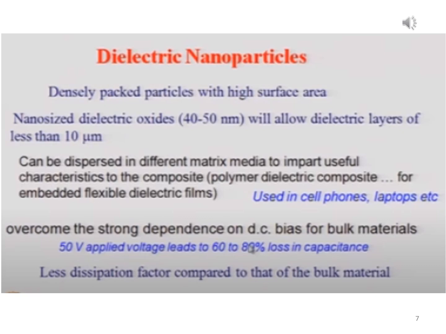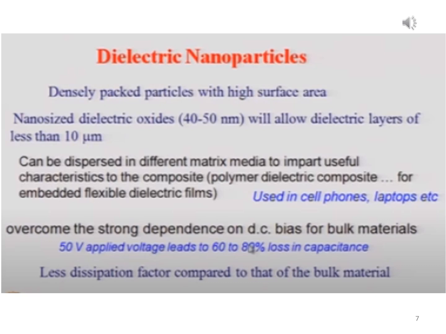So we can say that if we reduce the size of dielectric materials, we can prepare smart, small size devices with enhanced properties. The other thing is that we can prepare flexible materials if we embed them with flexible polymers.